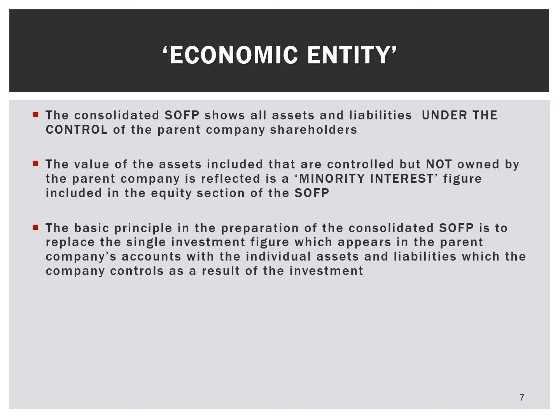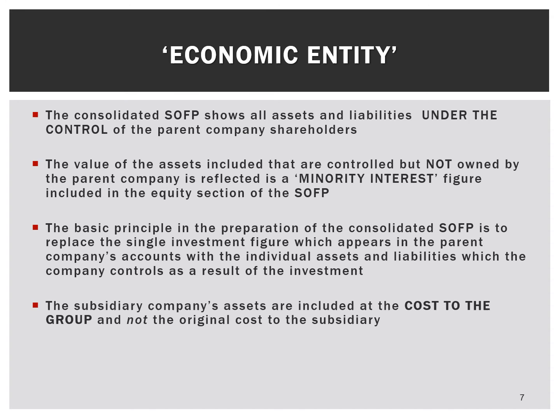And so what we're doing really is replacing what would appear as a single investment figure in the parent company's own accounts. We're replacing that single figure with the underlying assets and liabilities that that investment represents.